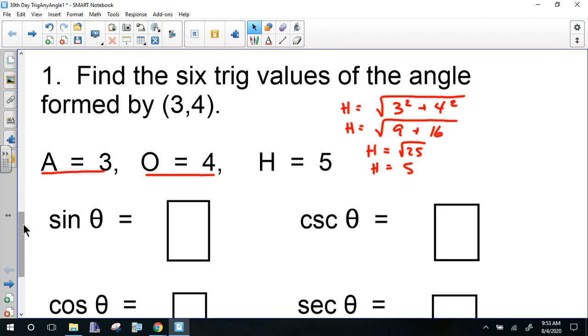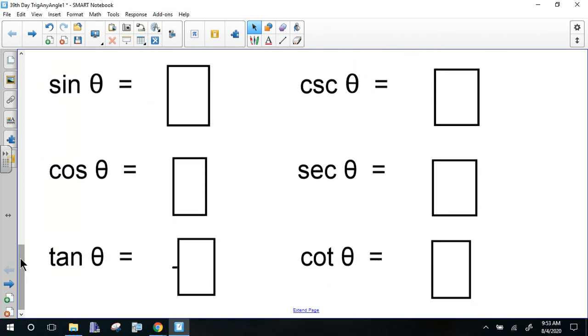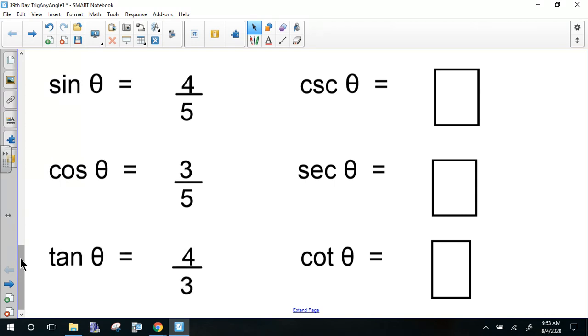I now have adjacent, opposite, and hypotenuse. I've got all three sides. All I have to do now is plug them into SOHCAHTOA. So sine is opposite over hypotenuse. Cosine's adjacent over hypotenuse. Tangent is opposite over adjacent.